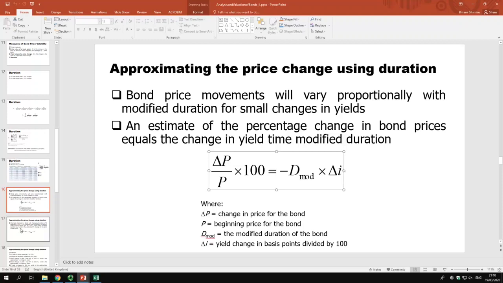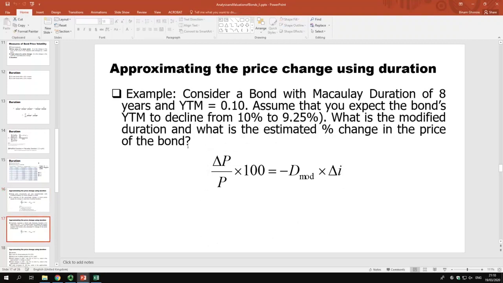Okay, so now an interesting example: consider a bond with a Macaulay duration of 8 years and yield to maturity 0.10. Assume that you expect the bond's yield to maturity to decline from 10% to 9.25%. What is the modified duration and what is the estimated percentage change in the price of the bond?